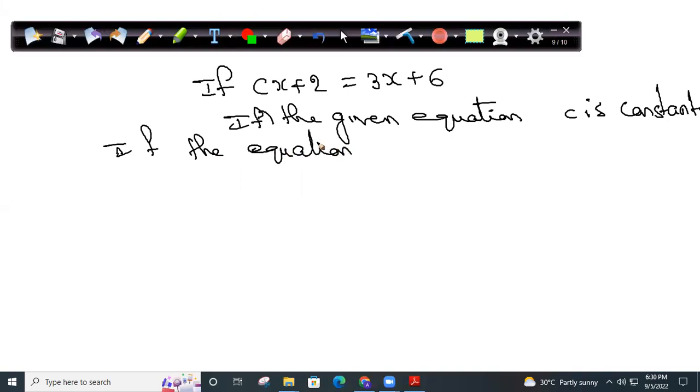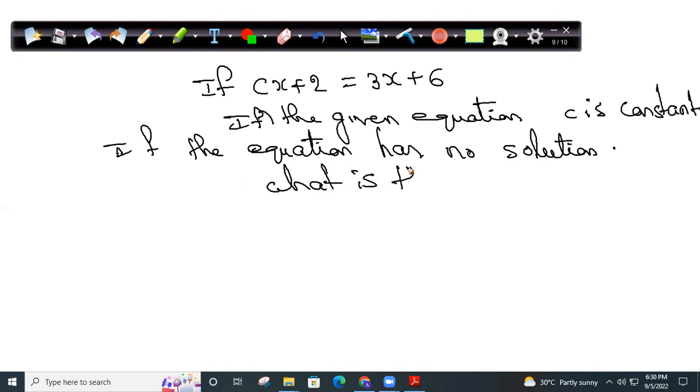Everyone should give me an answer. If the given equation has no solution, what is the value of c?